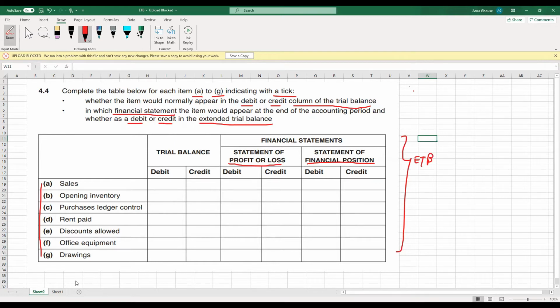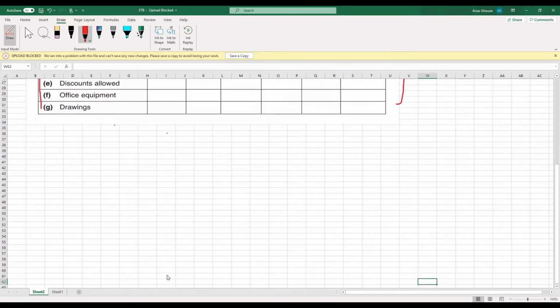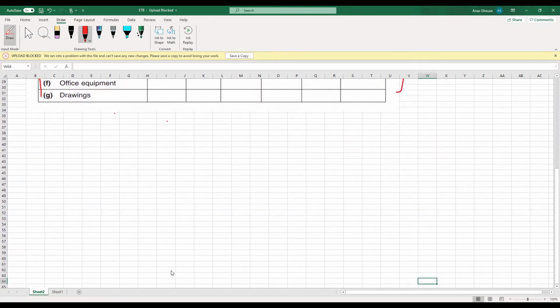The basic accounting equation is assets equals equity plus liabilities, right?